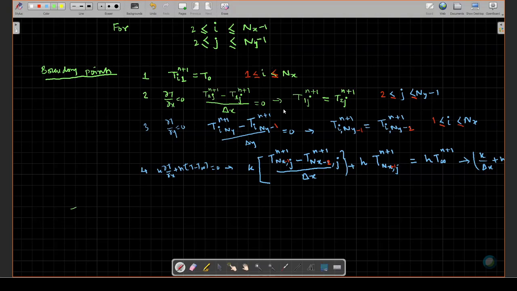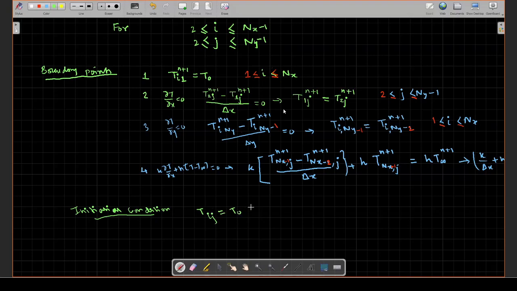But there is no discretization for the initial condition. What is the initial condition given? T at all ij is equal to T naught.